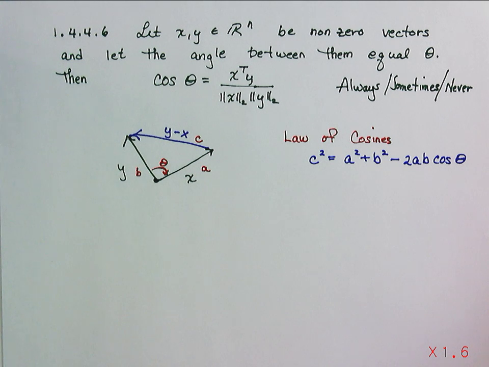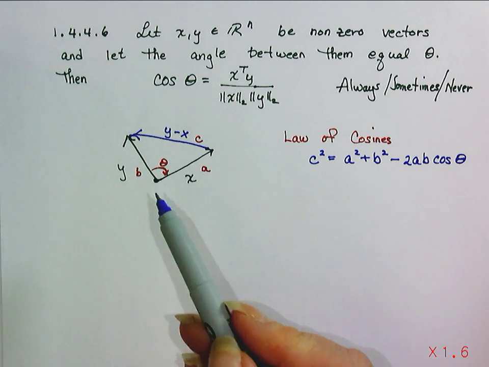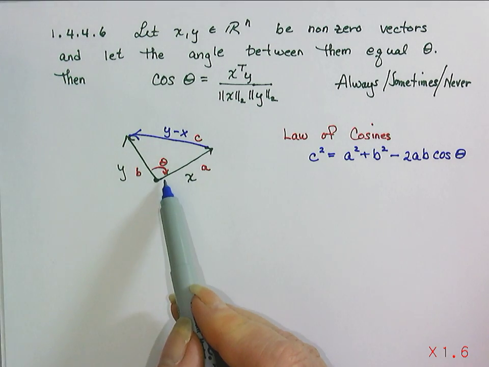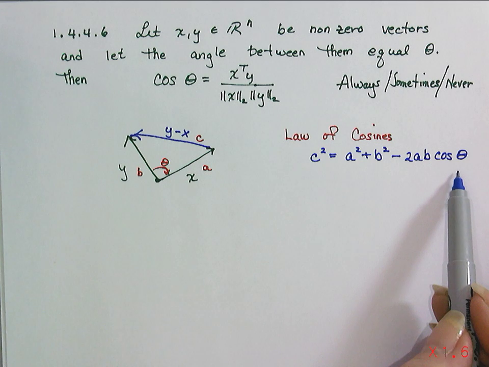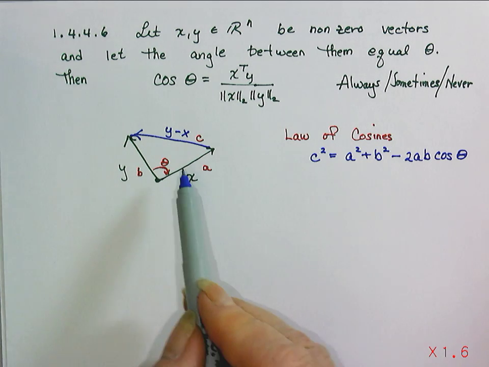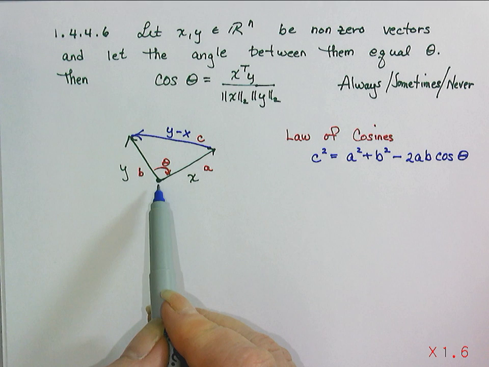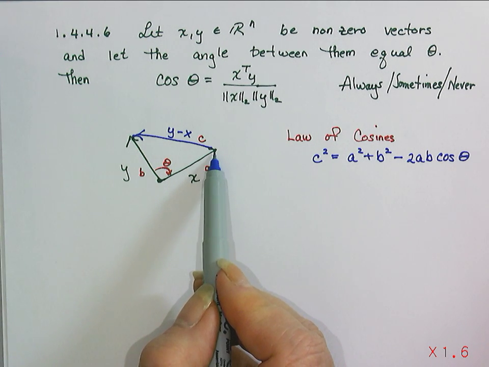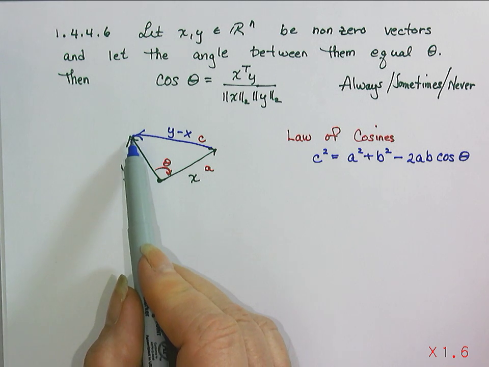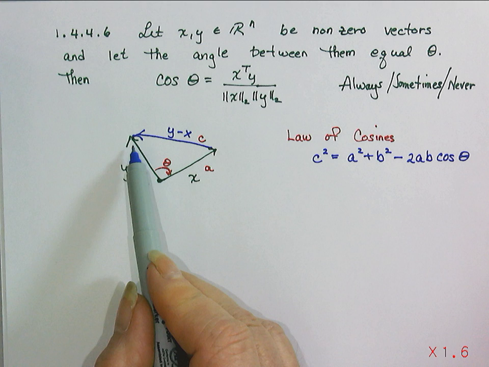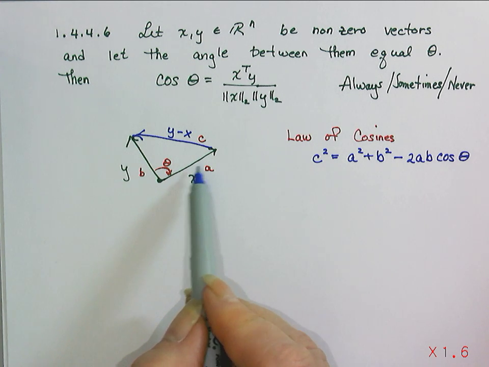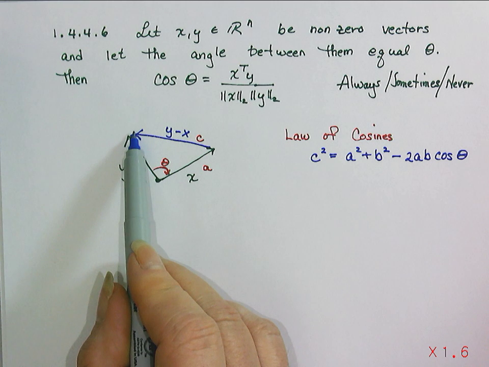true. But as I did for the last problem, one of the things I wanted to do first was to remind ourselves of the picture and ahead of time look at what we know. We know by the law of cosines that the length of x squared plus the length of y squared minus 2 times the length of x, length of y, times the cosine of theta is the length of y minus x squared.